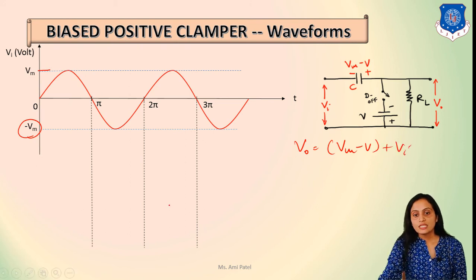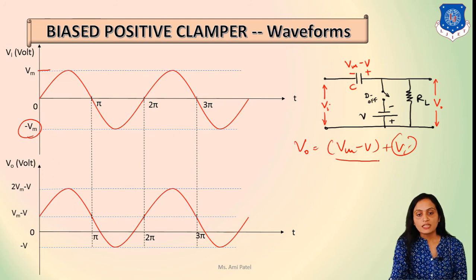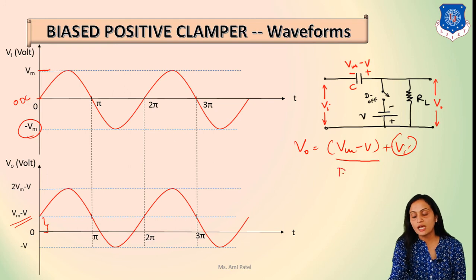So from this equation you can say that the Vi signal will remain as it is, but we are going to add a DC voltage level of Vm minus V, and that you can see over here. We have the sinusoidal signal as it is, but the whole signal is clamped to this particular DC level, that is Vm minus V. So the whole signal which was on the 0 DC level is being clamped to this Vm minus V voltage level, because this is the DC part and this is the AC part.